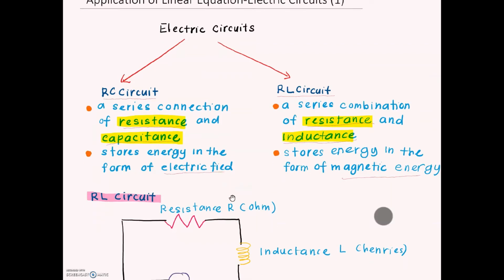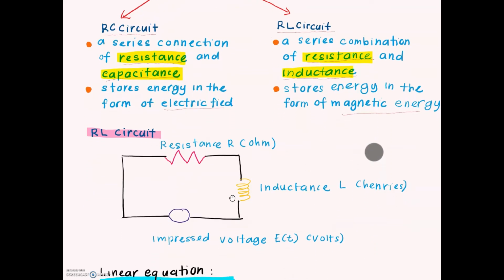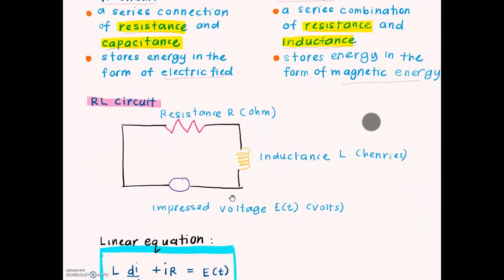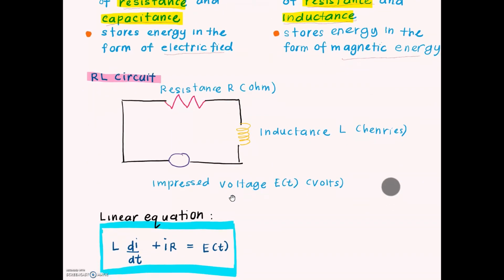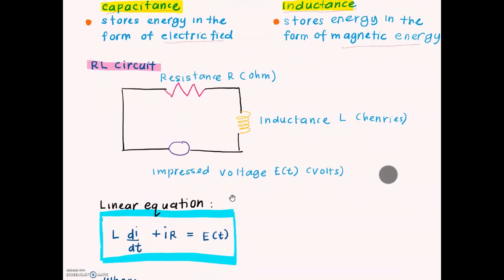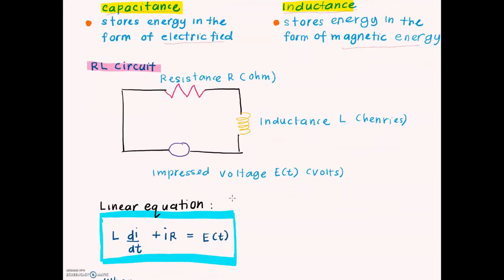Let's look at the RL circuit. As I mentioned earlier, the electric circuit is an application of the first order ODE that involves the linear equation. For the RL circuit we have resistance and inductance.